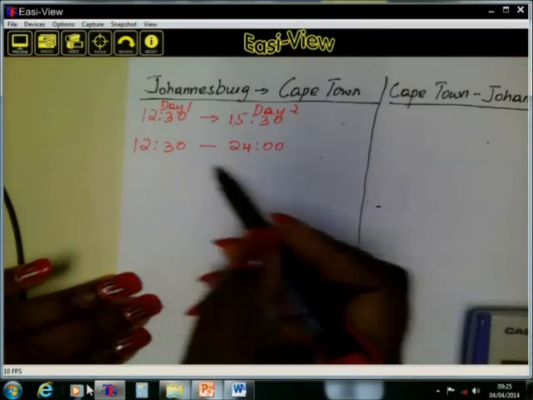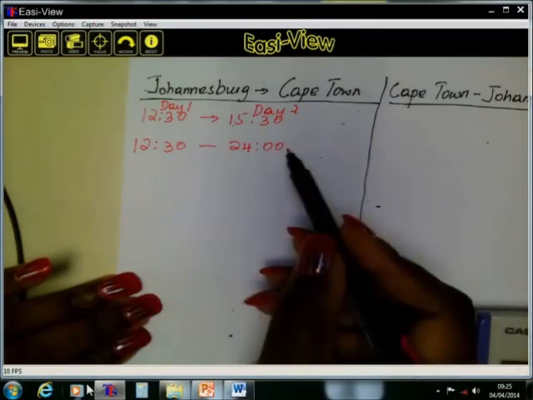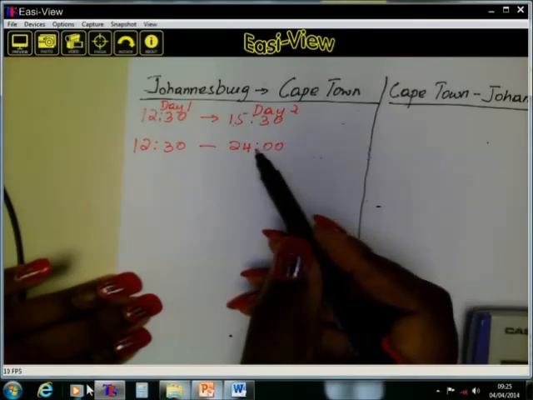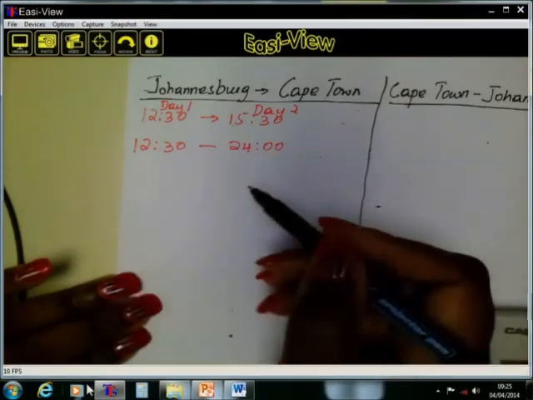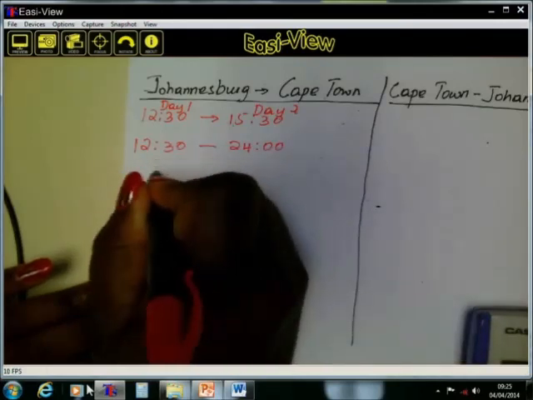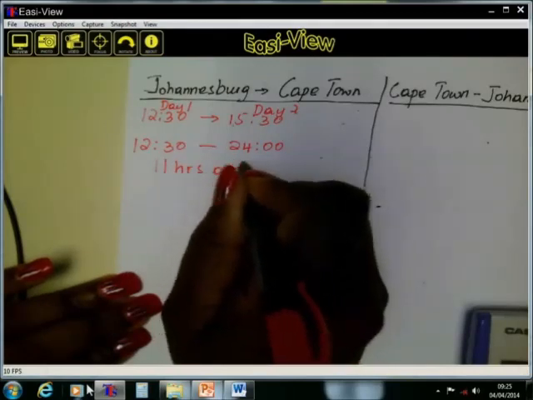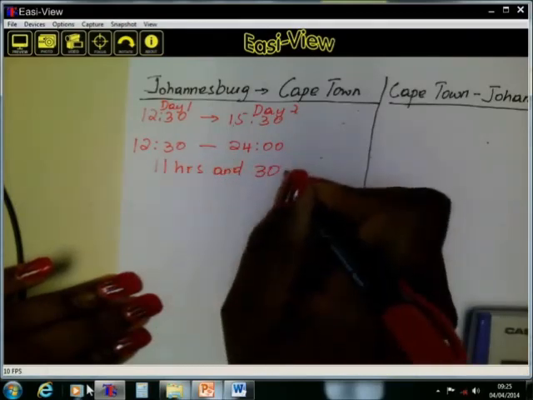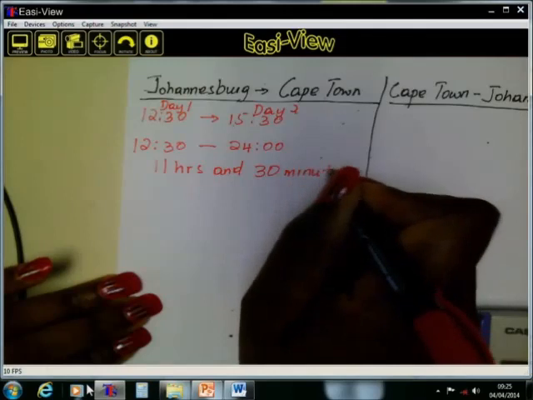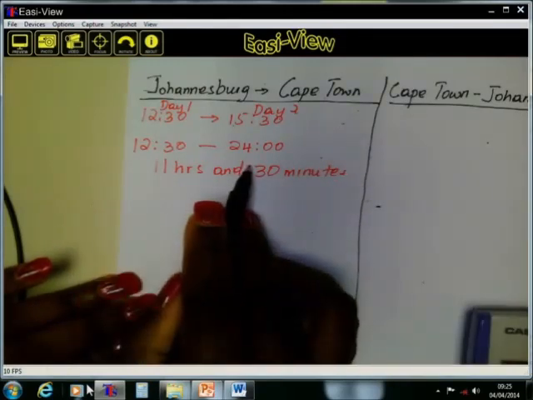So if we look at this, from 12 to 12 we have 12 hours, but this one also has an extra 30 minutes, meaning that it's 11 hours and 30 minutes. That is from 12:30 to 12 midnight.